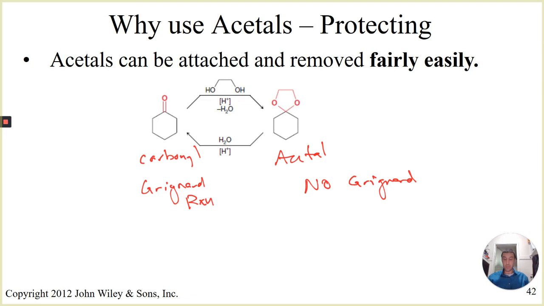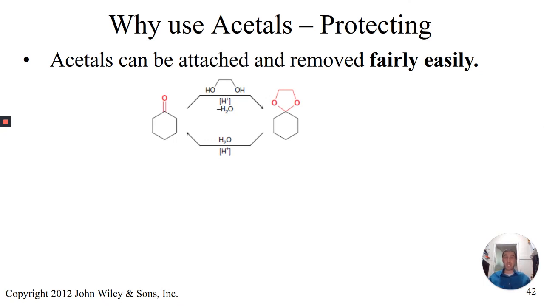We'll see protecting groups show up at the very, very end of this unit, and we try to minimize the use of protecting groups, because if you're using a protecting group, you're adding something to the structure that you're only going to take away. The better method would be to not have to put it on there to begin with. Design a synthesis that doesn't require a protecting group. So be smarter about your chemistry, and then you don't need protecting groups.